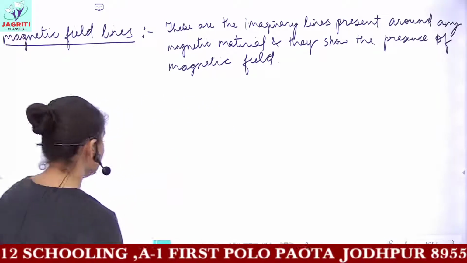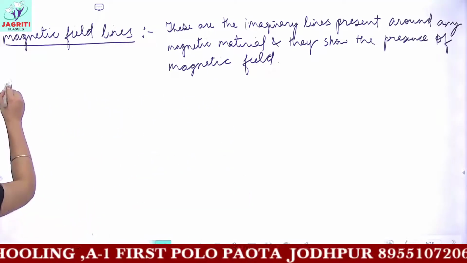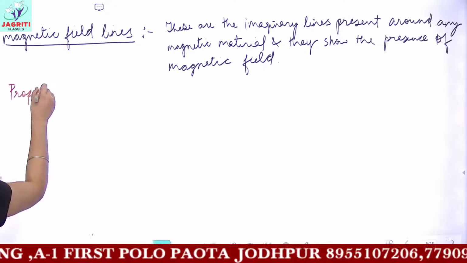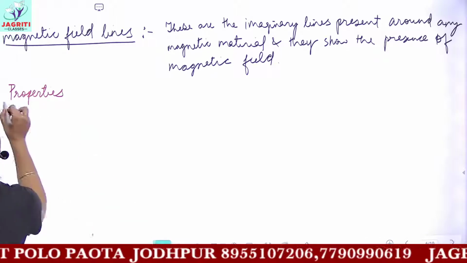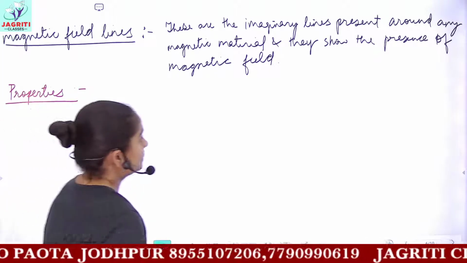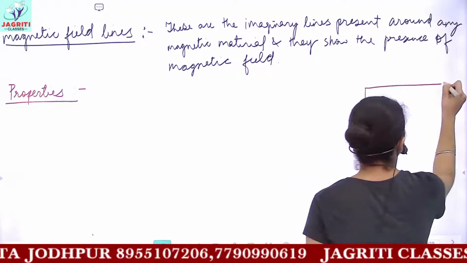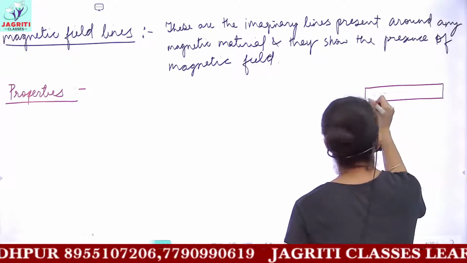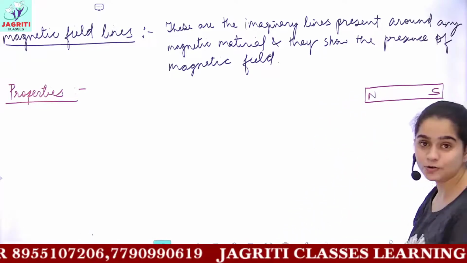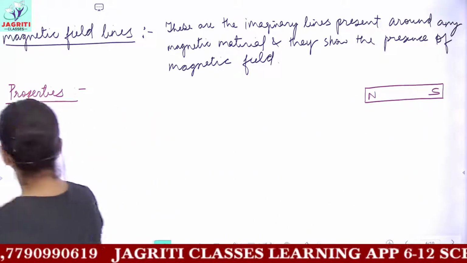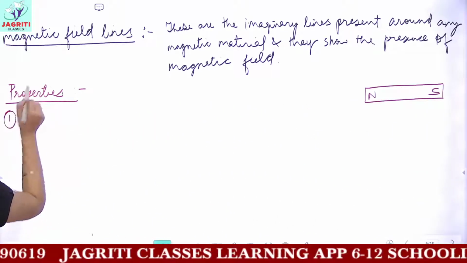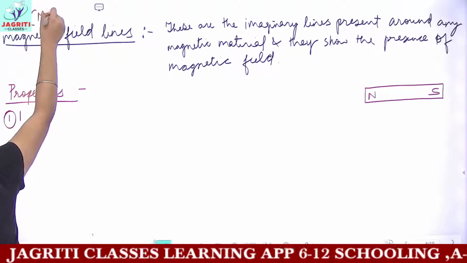So now we'll be doing some of the properties of magnetic field lines. Okay, and let's make here a bar magnet. A bar magnet has two poles, north and south pole. So what happens is, the first property is that, magnetic field lines I'll abbreviate as MFL.